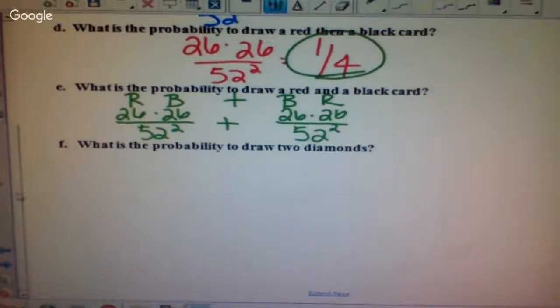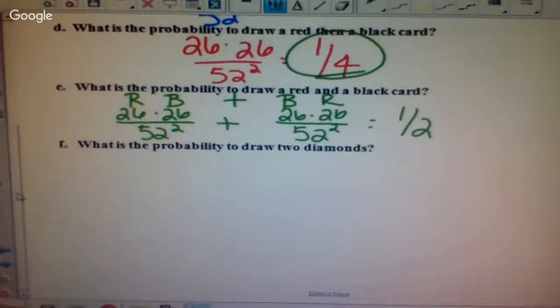So this should come out to be 1/2. If you get one of the orders, all you have to do is multiply it by 2 to get both. Make sense? That was low key common sense. Yeah.